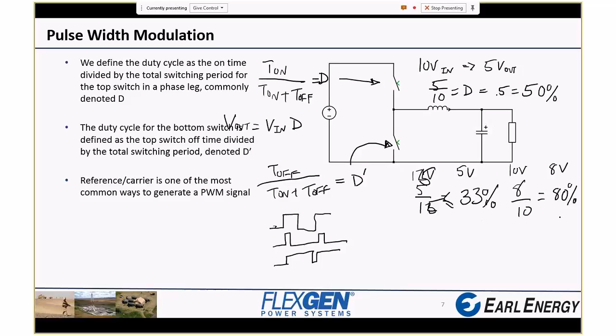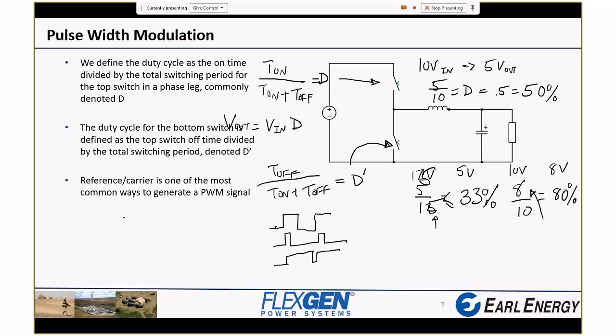You can change your duty cycle to compensate for a change in input voltage, and you can change your duty cycle when you want to change your output voltage. That changing is called modulation. You're modulating the pulse width to get the desired relationship between the input and the output.